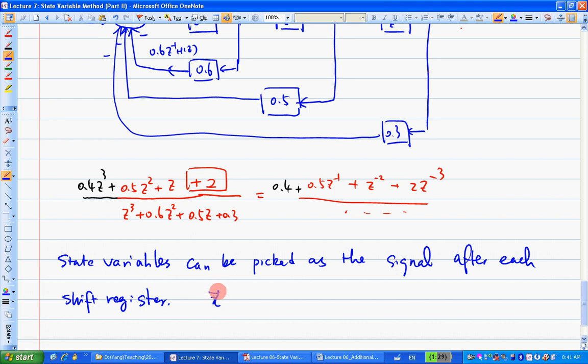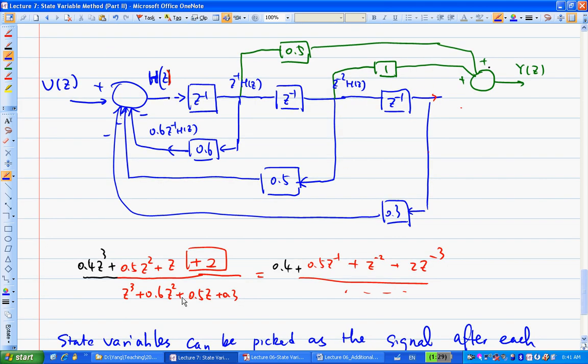What is the state variable? State variable is x of k, a vector. Depending on the order of the system, you have to have that same number of state variables. In my case, my order is 3, so I'm going to pick 3. How many registers? 1, 2, 3. I'm going to pick this x1 of k here, using the red color.